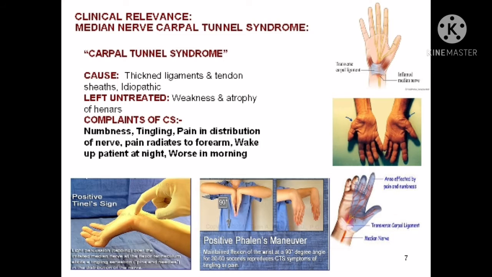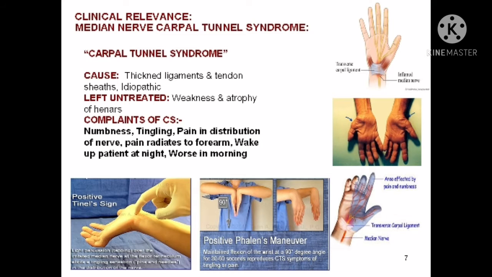The condition can be confirmed by two types of tests: the positive Tinel's test and the positive Phalen's maneuver. In Tinel's test we strike over the flexor retinaculum in order to elicit pain in the distribution of the compressed median nerve.